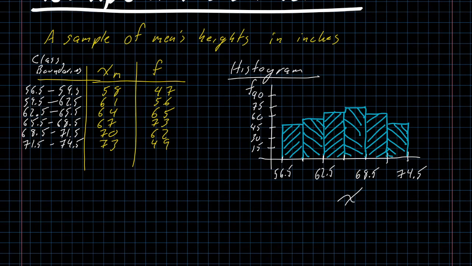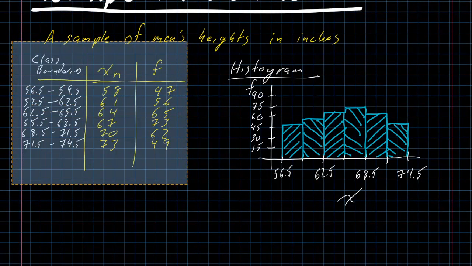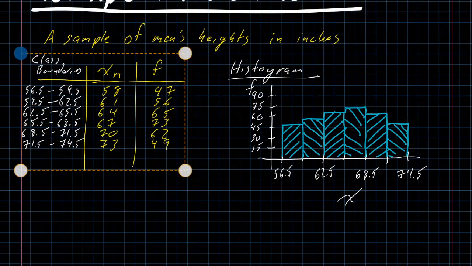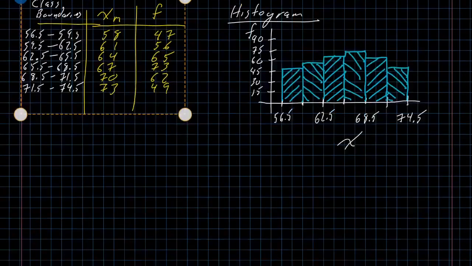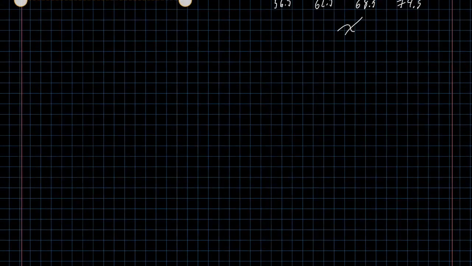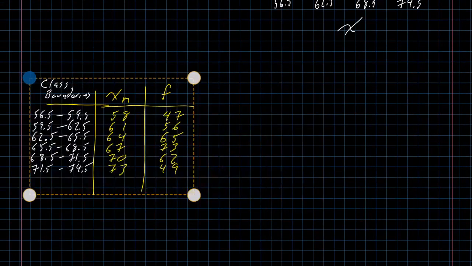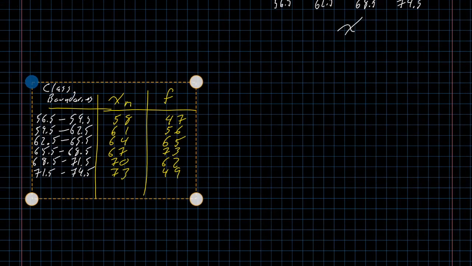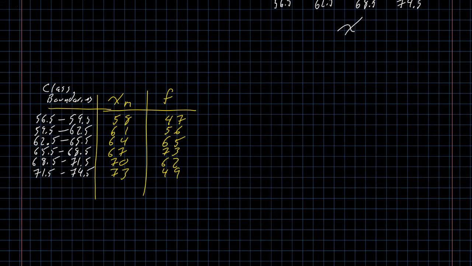Related to the histogram, let me copy this frequency table. Related to the histogram, there is another type of graph that is often used for grouped frequency data like this.